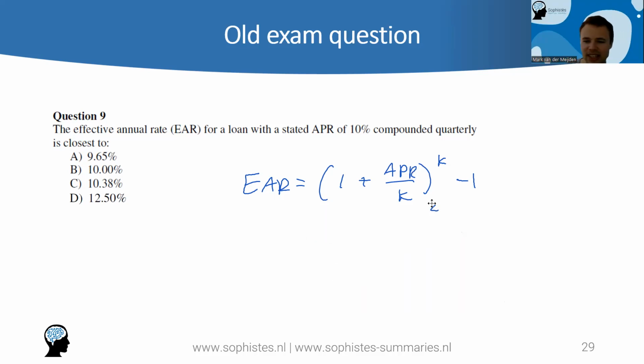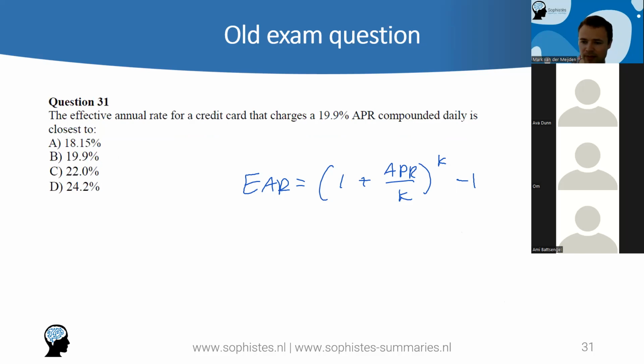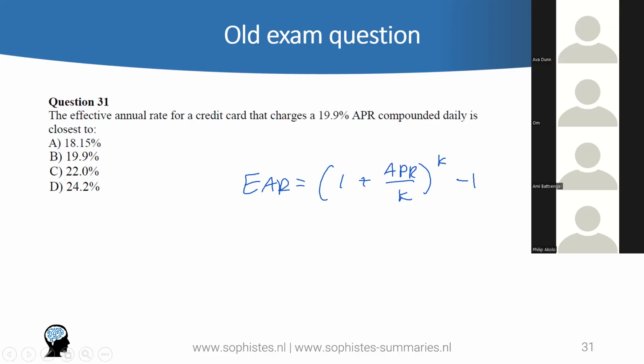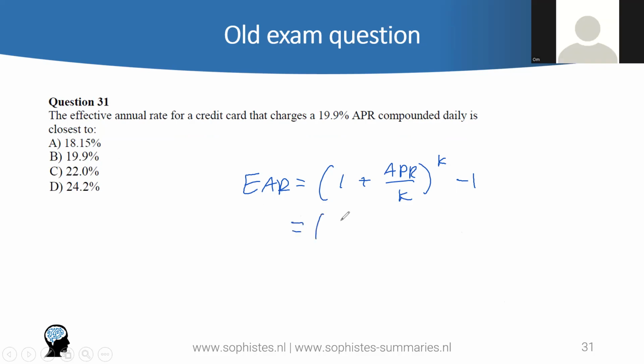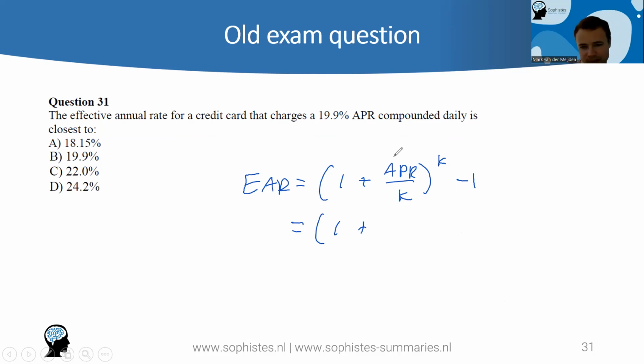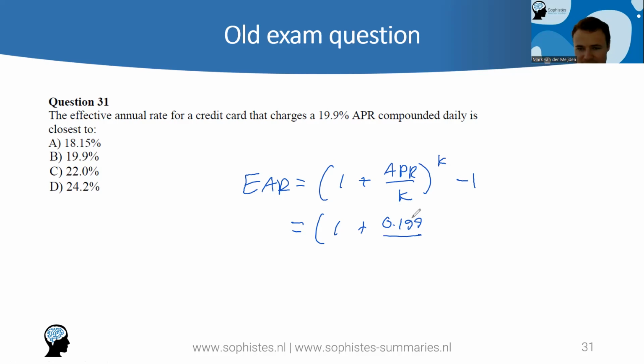It's actually quite easy, but I want you to really understand the formula, what it tells you. OM, would you like to do the last one? By the way, assume that there are 365 days in a year. So what do you fill in for the APR? 0.199. 0.199. And for K, if there are 365 days in a year?